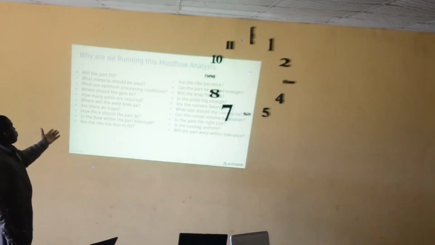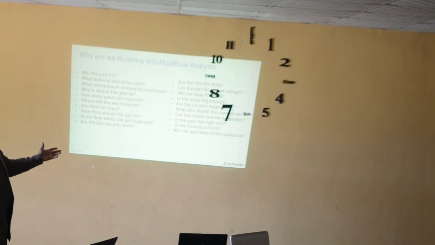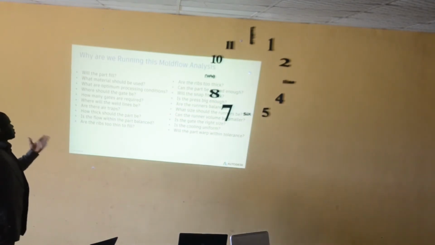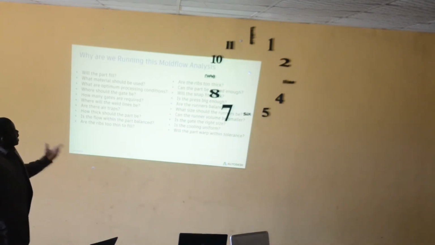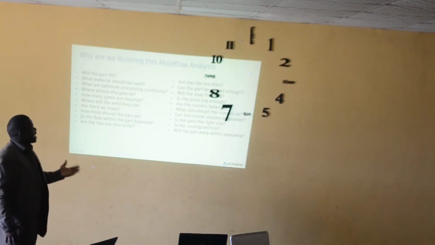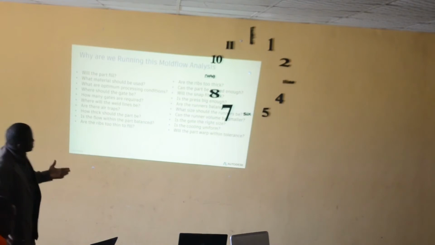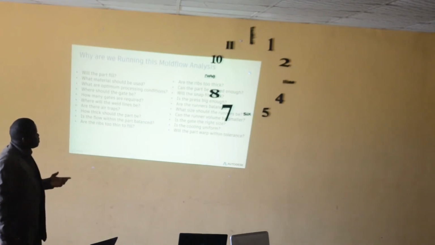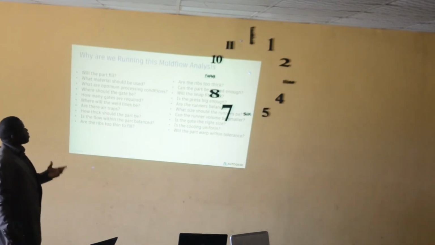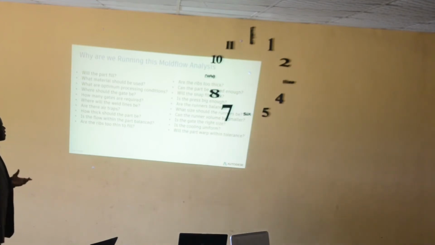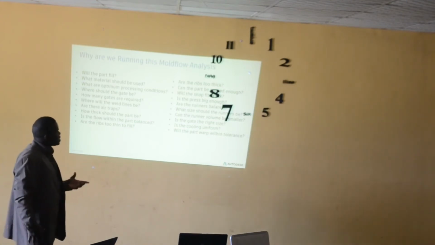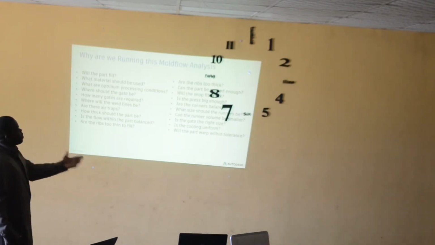Is the flow within the part balanced? Are the ribs too thin to fill? Are the ribs too thick? Can the part be molded at all? Will the part fit? Is the press big enough? Are the runners balanced? What size should the runners be? Can the runner volume be smaller?